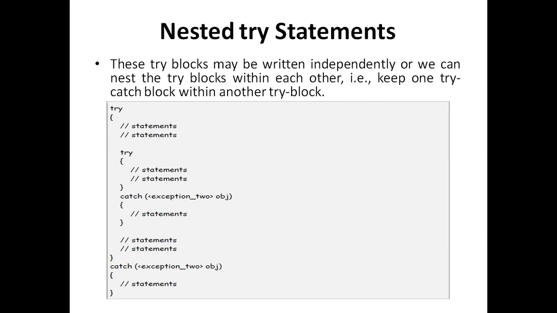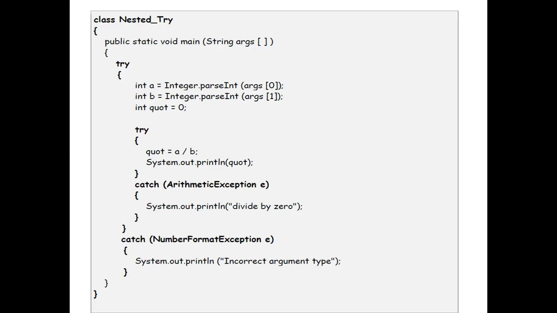We have included another try, followed immediately by a catch block, then the end of the outer try block, followed by the catch statement. We'll see an example of this.